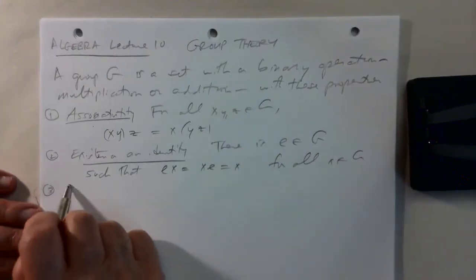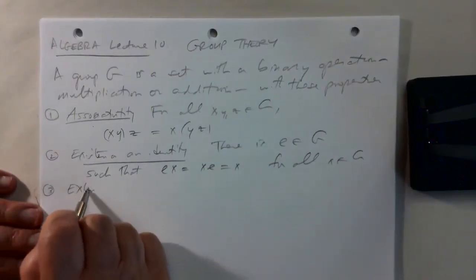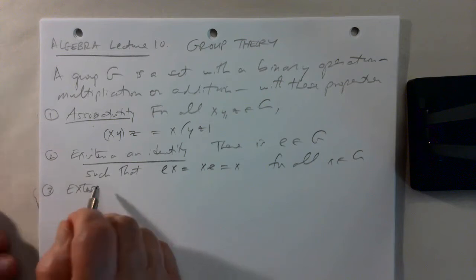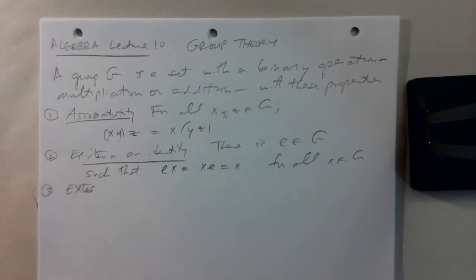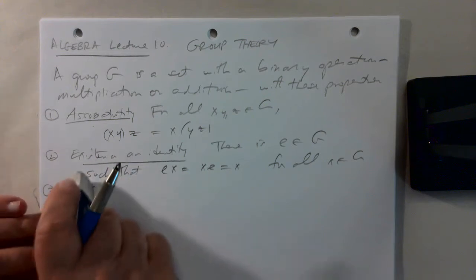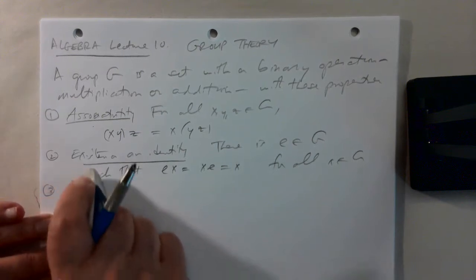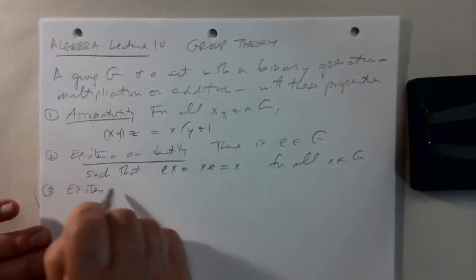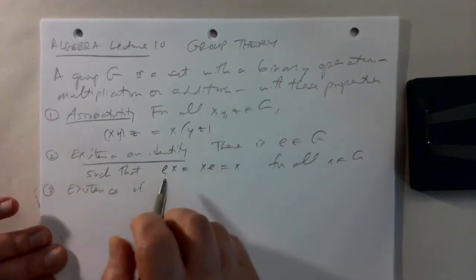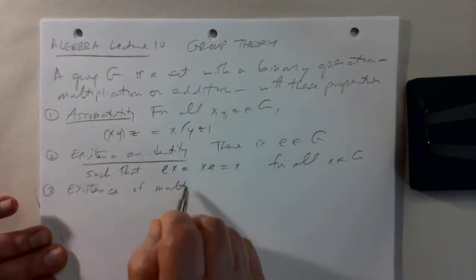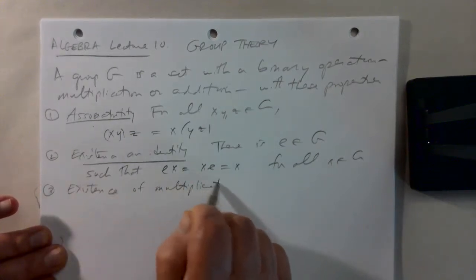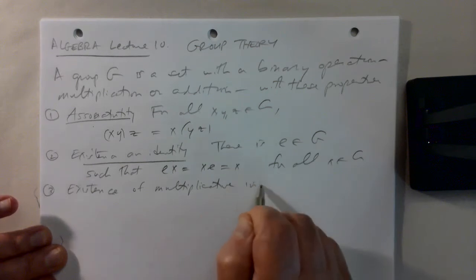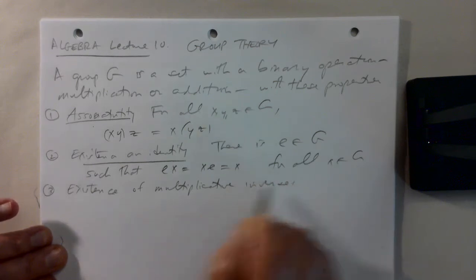Third property is existence of multiplicative inverses.